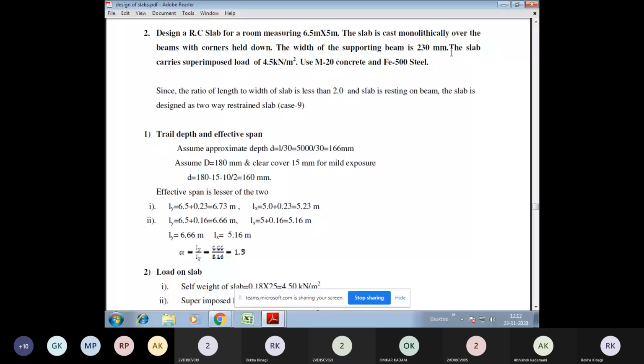Only if there is a continuous edge are we supposed to consider the negative moment at the supports. So since the 4 edges are discontinuous, we will only have the positive moment at the midspan.